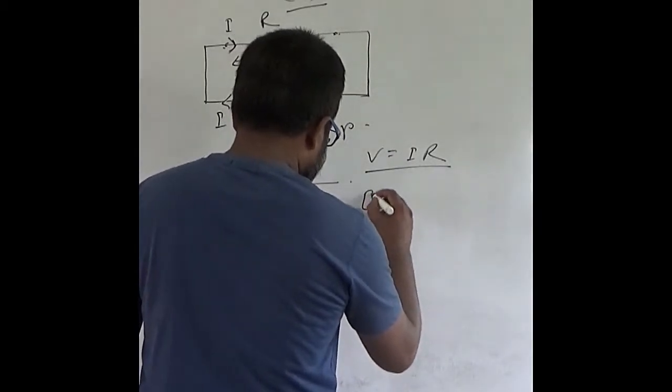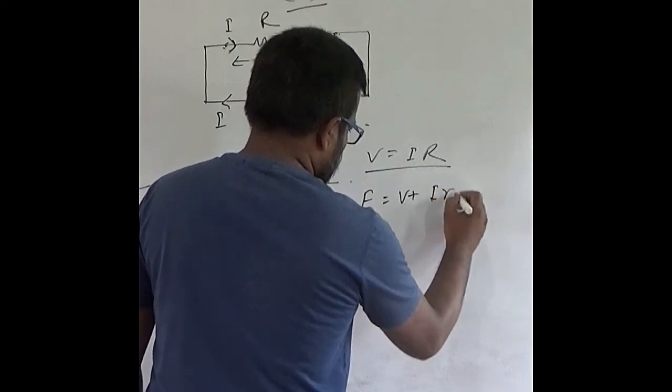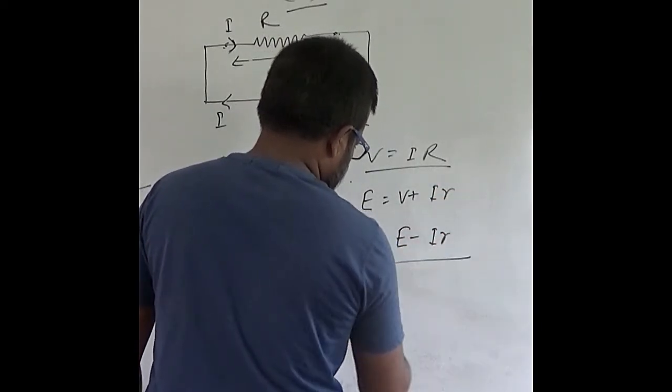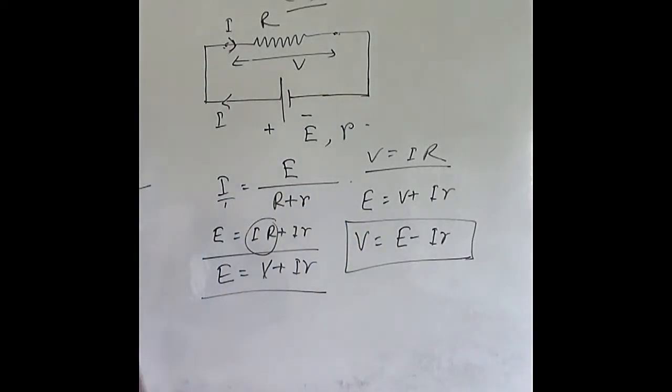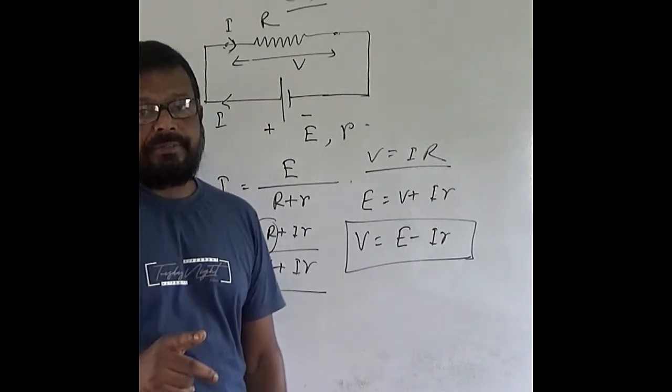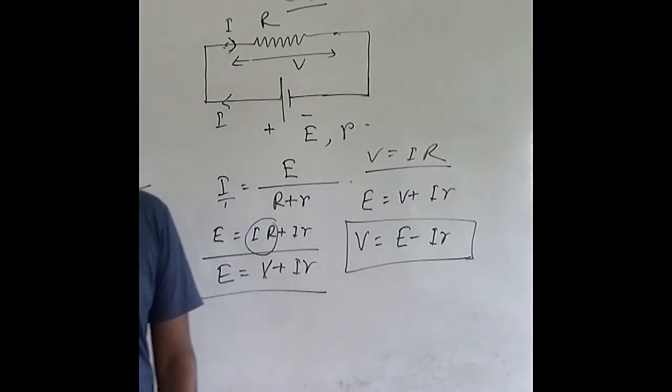Therefore, we can write E equals V plus Ir, or V can be written as E minus Ir. This is the relation between EMF of a cell and potential difference of a cell.